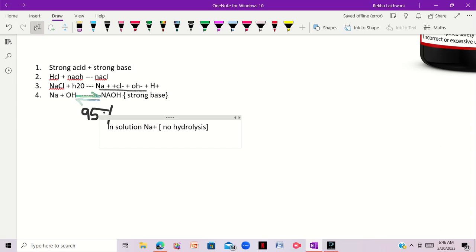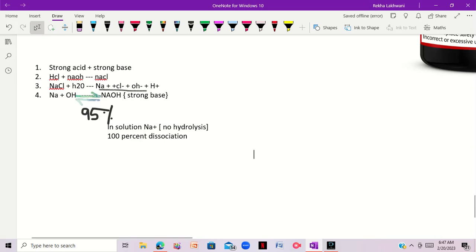It will try to dissociate into its ions. Because they are strong, obviously, what's the tendency of a strong thing? That it will dissociate completely, 100%. There will be 100% dissociation, right? So I hope strong acid and strong base is clear to you.